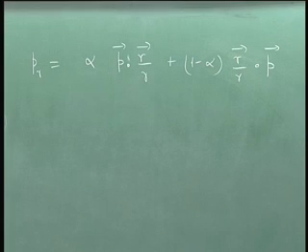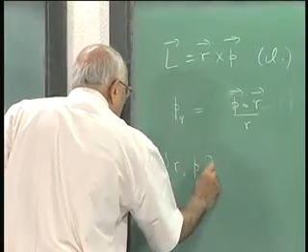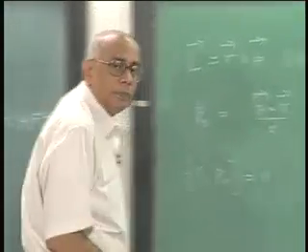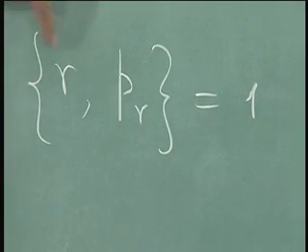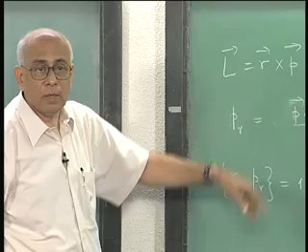What should alpha be? What would be the criterion that you use for this? Well, the first thing you need is this, we know that classically the Poisson bracket of r with P_r must be equal to 1, because a generalized coordinate with its conjugate momentum, the Poisson bracket by definition is 1.